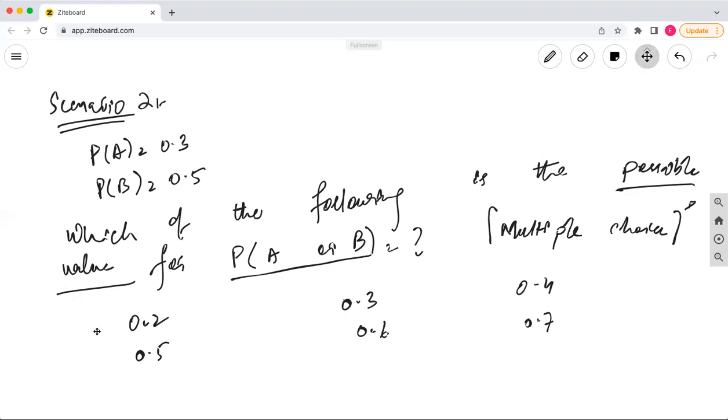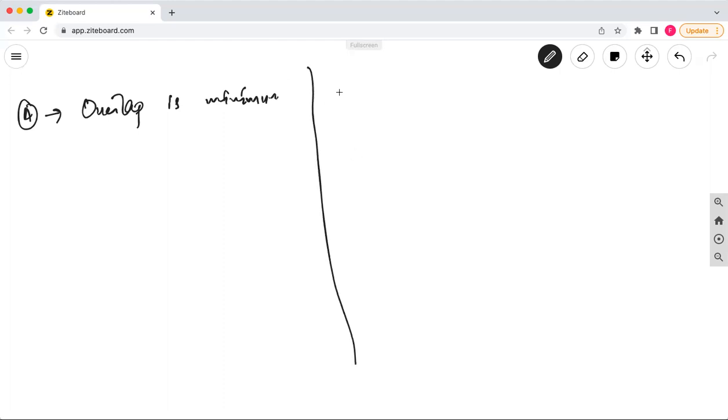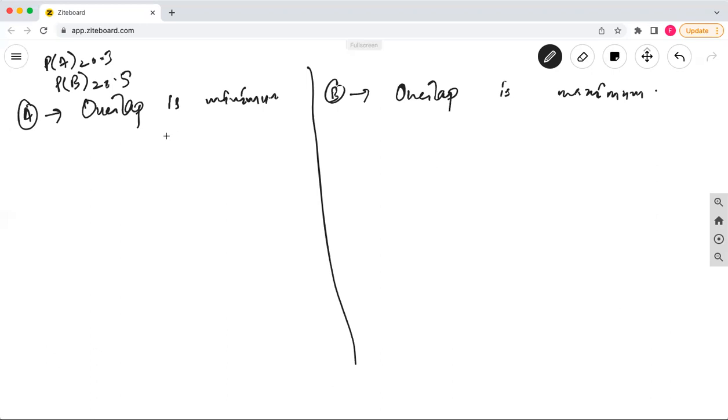Okay, let's see two scenarios in this. First is scenario A, in which the overlap is minimum, and scenario B, in which overlap is maximum. Probability of A given is 0.3 and probability of B given is 0.5. And what is the minimum overlap possible here?